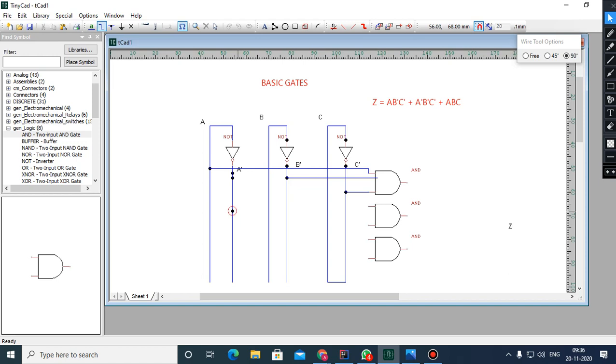Now for the second gate it is A complement, and here it is B complement, and here it is C complement, and the third is ABC. So A, B and C.